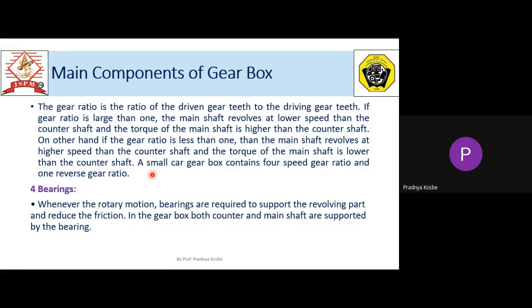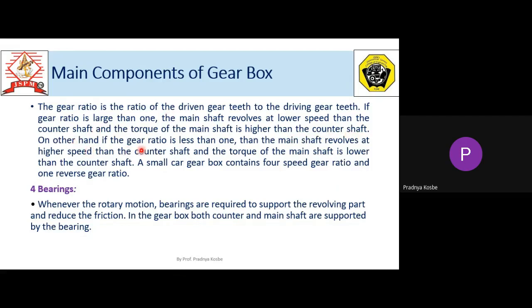So if the gear ratio is larger than 1, the main shaft revolves at a lower speed than the counter shaft, and the torque of the main shaft is higher than the counter shaft.